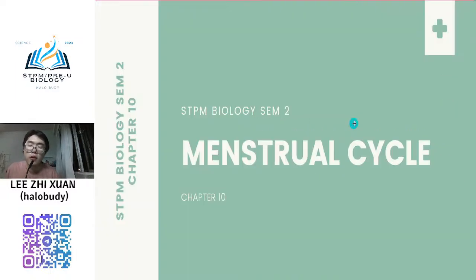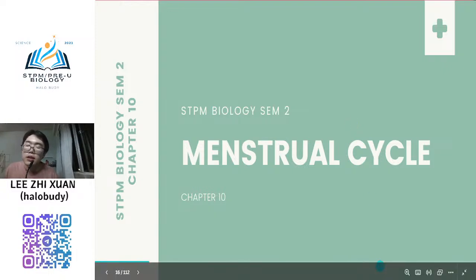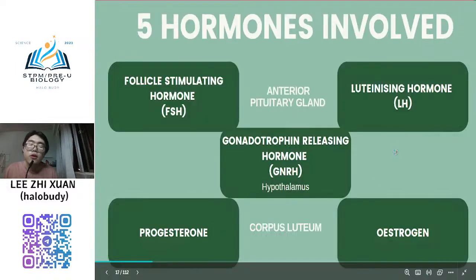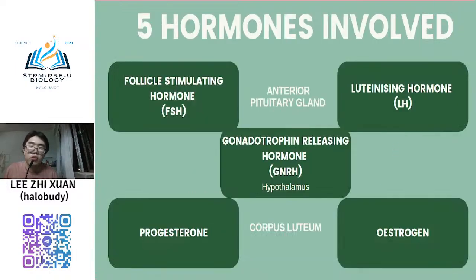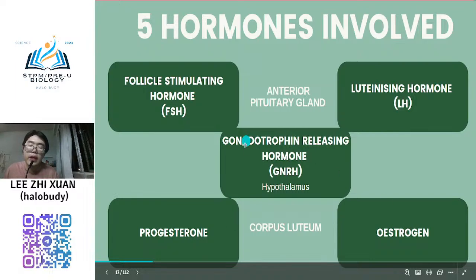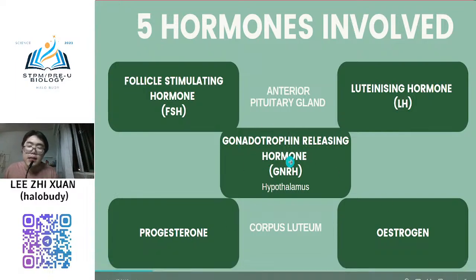So next we will go to the menstrual cycle. I think you have already learned this topic in STPM Bio. Normally in menstruation, there are 5 famous hormones, and these 5 hormones are very important, especially these 4: follicle stimulating hormone (FSH), luteinizing hormone (LH), progesterone, estrogen, and also gonadotropin releasing hormone.